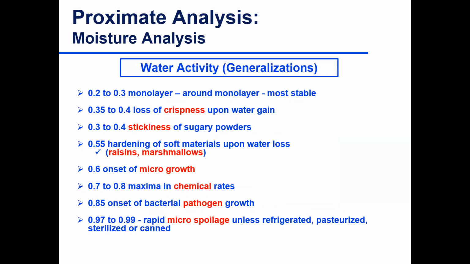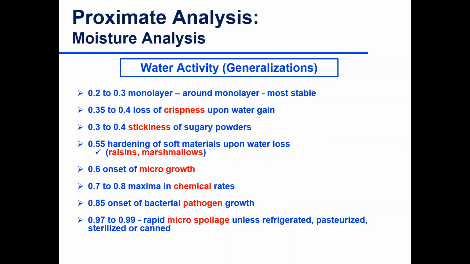This is a little bit redundant, in that it was mentioned a little earlier. When we're down at a water activity of 0.2 to 0.3, remember this runs from 0 to 1. 0 is extremely dry, 1 is a big block of moisture.